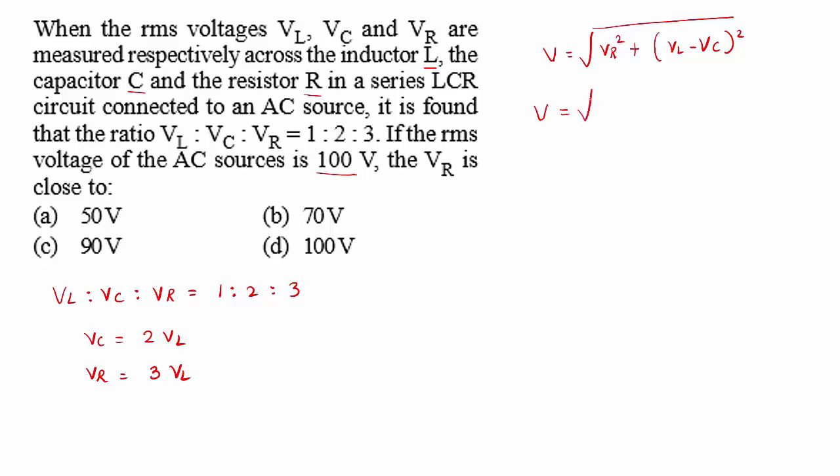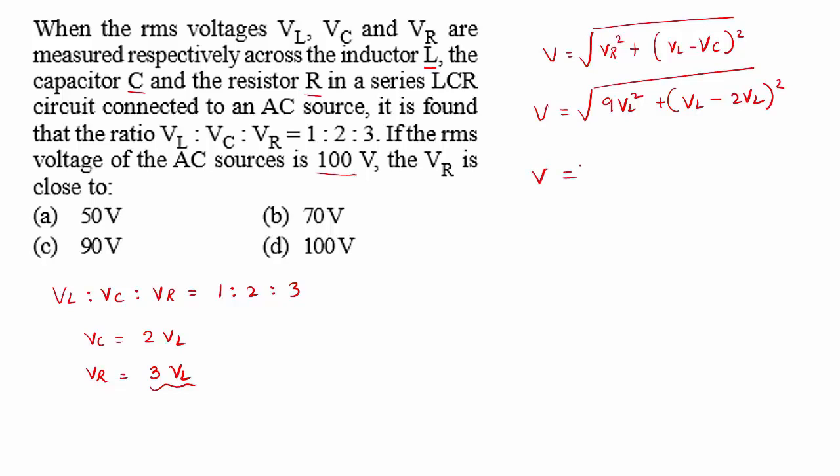What is the value of VR? In place of VR, I am going to write 3VL, that is 3 square, meaning 9VL square, plus (VL minus, what is the value of VC? VC is 2 times VL) whole square.